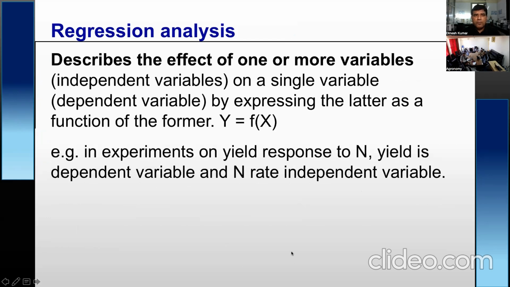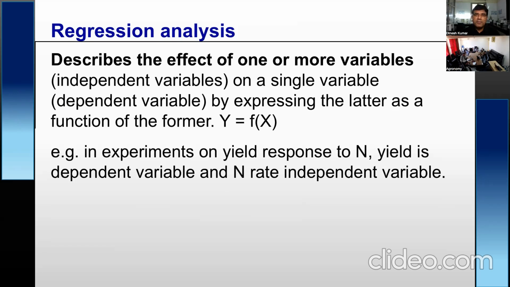Now, what does regression analysis tell us? It describes the effect of one or more variables, or there can be many independent variables that can affect one dependent variable. For example, grain yield can be affected by a number of variables, like fertilizer rate, and in fertilizer you have nitrogen, phosphorus, potassium, and so on.